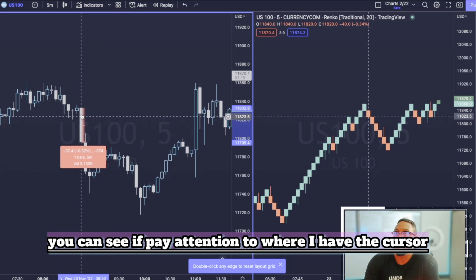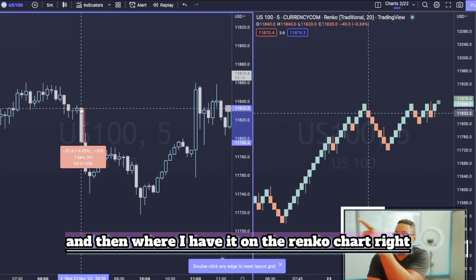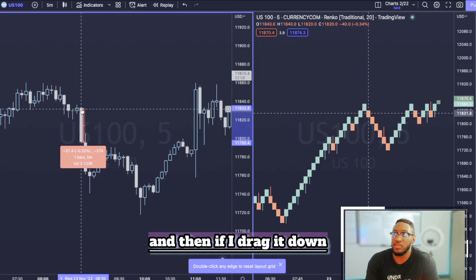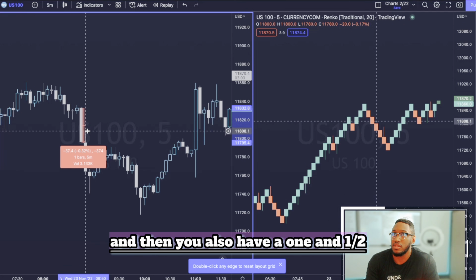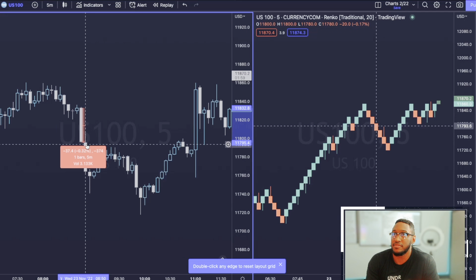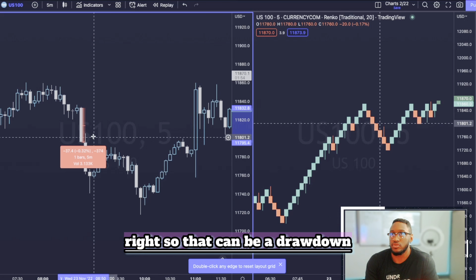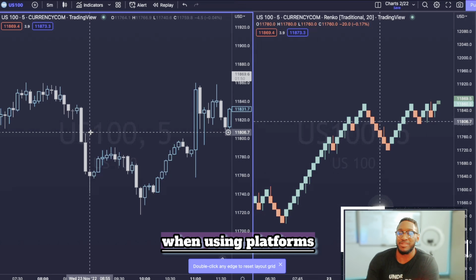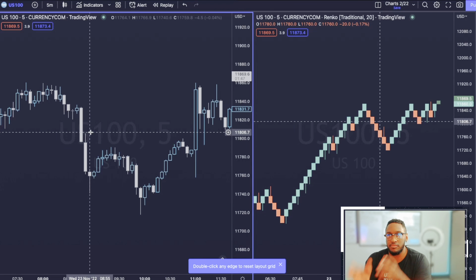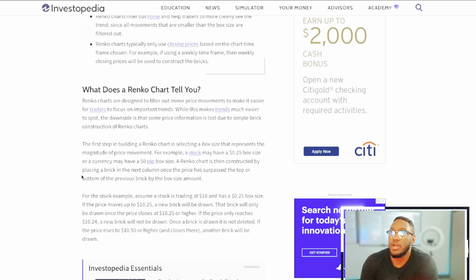If you pay attention to where I have the cursor and then where I have it on the Renko chart, and then if I drag it down, that's about 20 points. And then you also have 1.5 bricks being formed by the end of that candle, right? So that can be a drawdown when using platforms-based Renko forms. And this is going to be important information later.